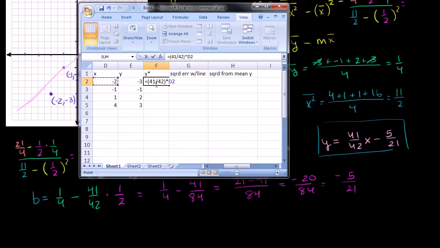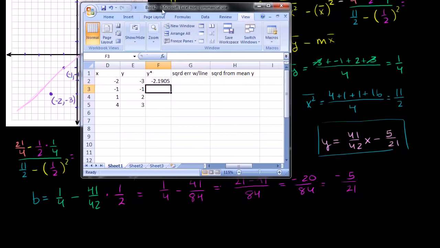And I just select that cell. Just a little bit of a primer on spreadsheets. I'm selecting the cell D2, I was able to just move my cursor over and select that. But that tells me the x value minus 5 divided by 21. Just like that.